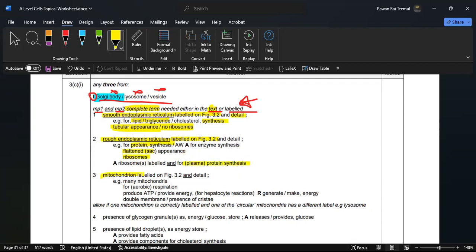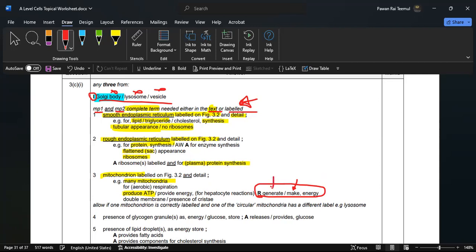For mitochondrion, you form many mitochondria to produce ATP. They are rejecting the term generate energy. You don't make energy, but you can say provide energy, or aerobic respiration.